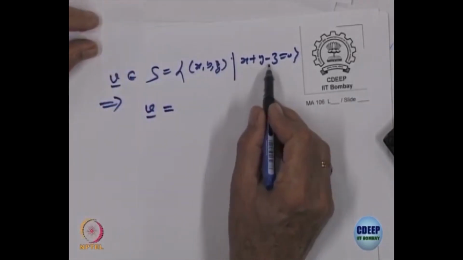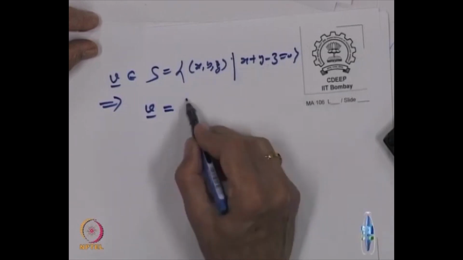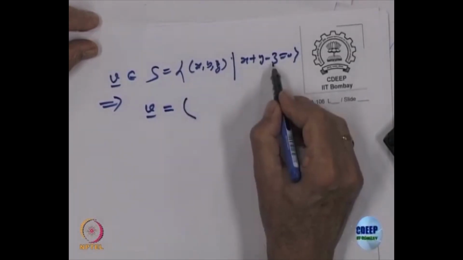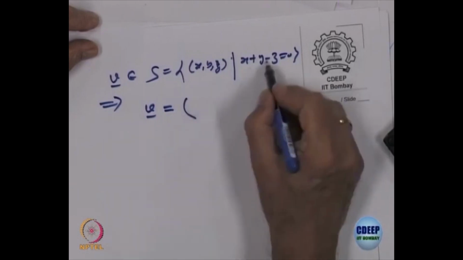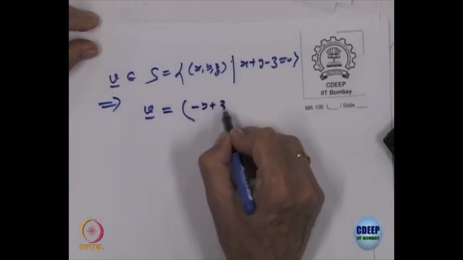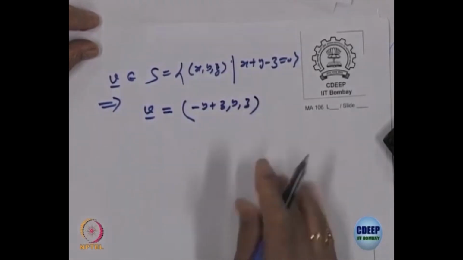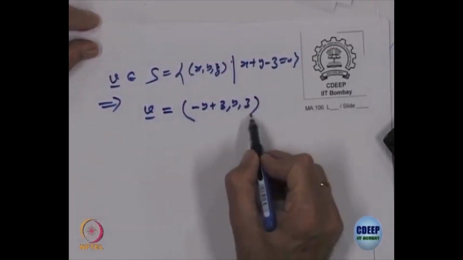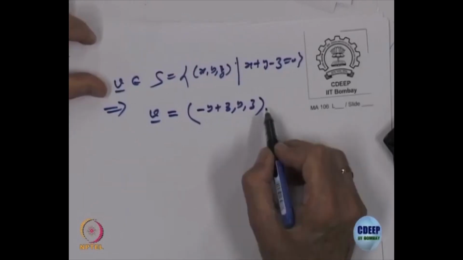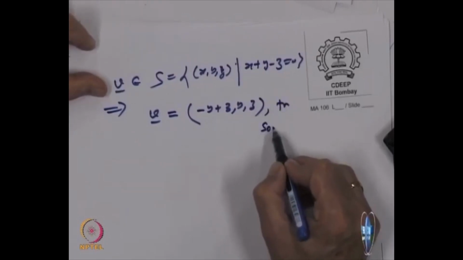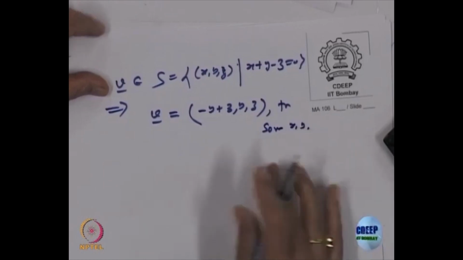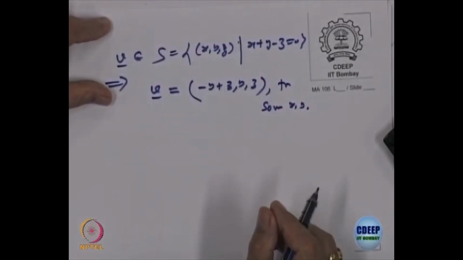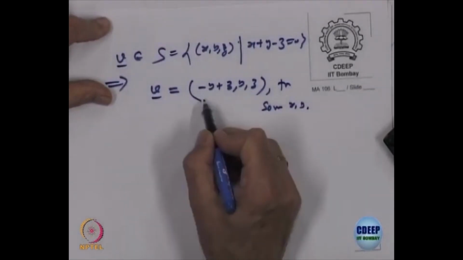I can compute x in terms of y and z. So, x is equal to minus y plus z, with y and z. Is it okay? V should be of this form, for some y and z.